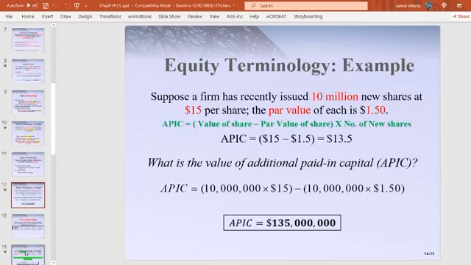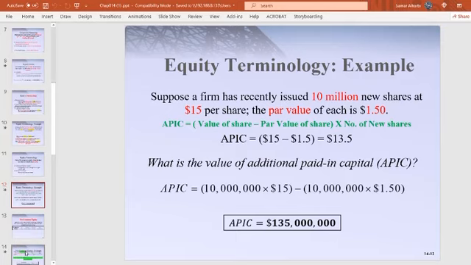We have another example here. Suppose a firm has recently issued 10 million new shares at $15 per share. Assume the par value is one and a half. The question: what is the additional paid-in capital? As I said before, it is the difference between two things, which is 15 and 1.5.